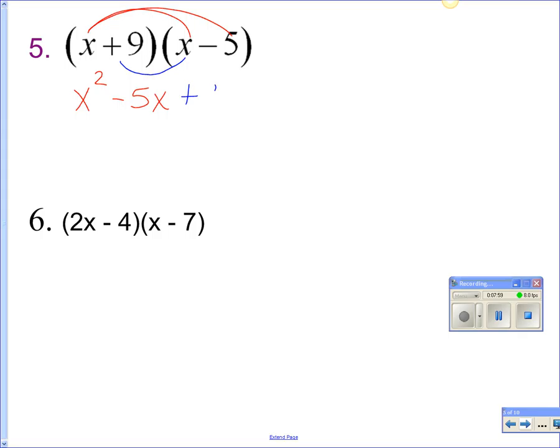Gives you positive 9x. And Blake, what else do I have to do on this one? 9 times. What's positive 9 times negative 5? Okay.